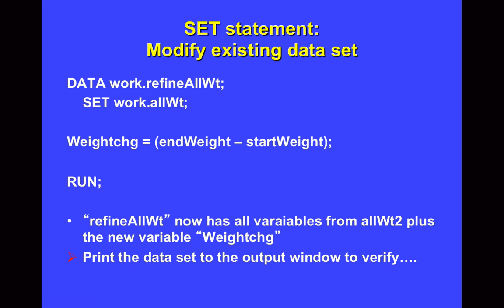So the main point of this example is to show how we can start with one existing SAS dataset, in this example work.allWt, and create a new SAS dataset, in this example named work.refineallWt, and that new SAS dataset will contain all of the information from the original dataset, plus some additional information that we specify in the body of the data step.